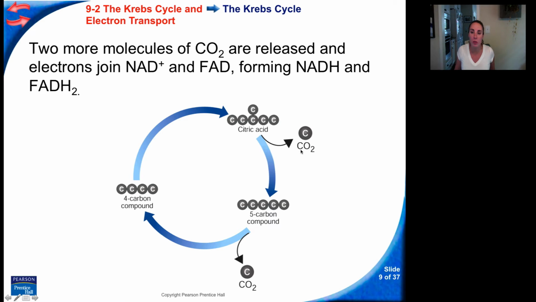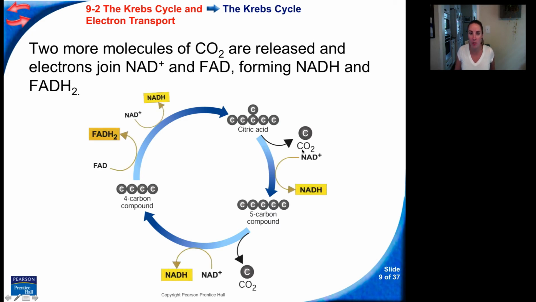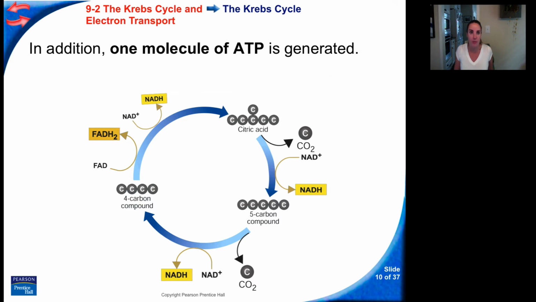So more CO2 is released from the Krebs cycle, that's a product, and FADH2 and NADH are created by the Krebs cycle. These are electron transport carriers. They're going to carry the electrons to the electron transport chain. So you do need to know that those are produced by the Krebs cycle. In addition, 1 molecule of ATP is generated. So the Krebs cycle still produces some energy.